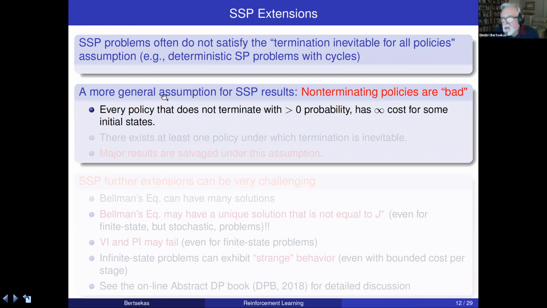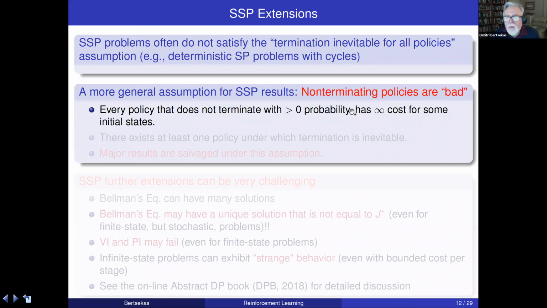So here's a more precise statement of this assumption. It requires that every policy that does not terminate with positive probability has infinite cost for some initial states. In the context of deterministic shortest path problems with cycles, we require that there is positive cost of going around a cycle, so it's not optimal to spin around. It's the thing to avoid.